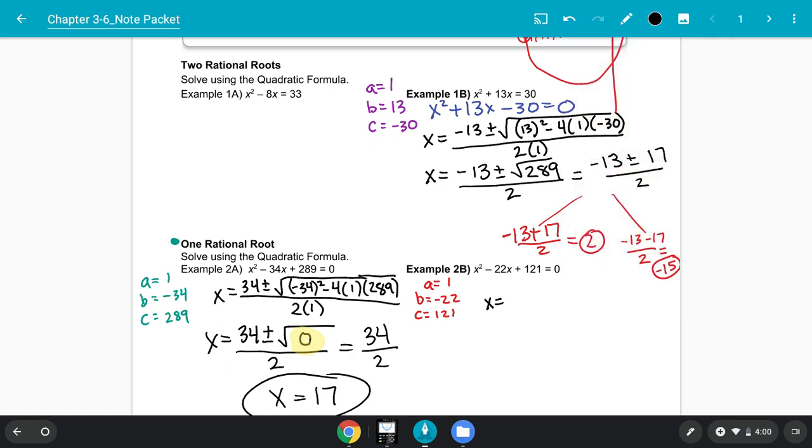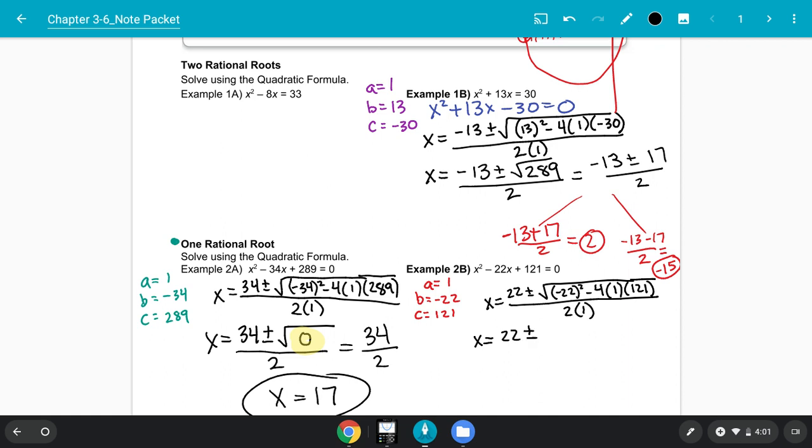X is equal to opposite B plus or minus the square root of B squared minus 4AC all over 2a. All right, we got another massive discriminant. The thing under the radical. It's another huge thing.